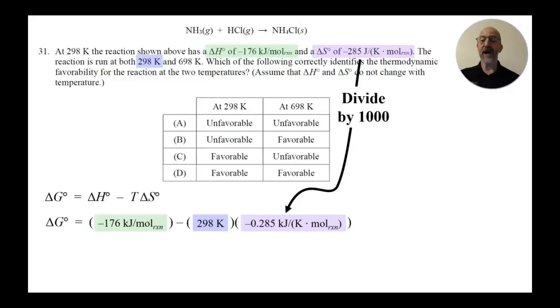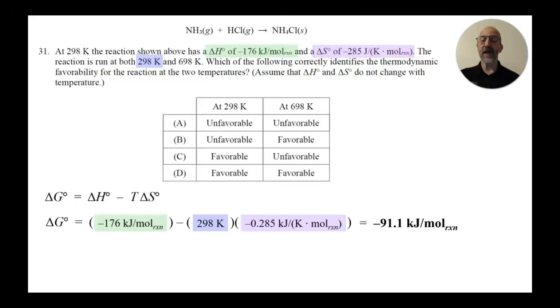Now, when I pick up my calculator, it's going to be negative 176 minus the product of 298 and negative 0.285. And so when I do that math, I get a delta G at 298 Kelvin that is negative 91.1, and the units are kilojoules per mole of reaction. Now, what does the negative delta G tell us about the thermodynamic favorability?